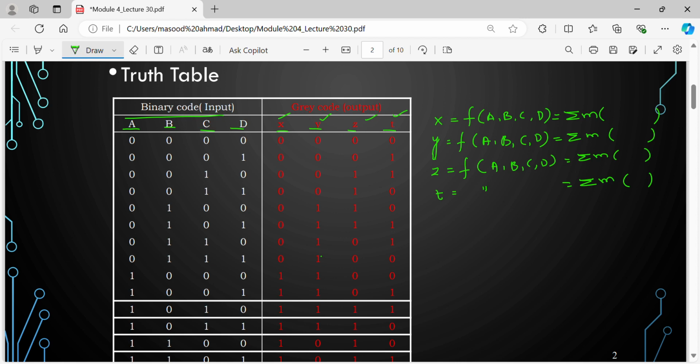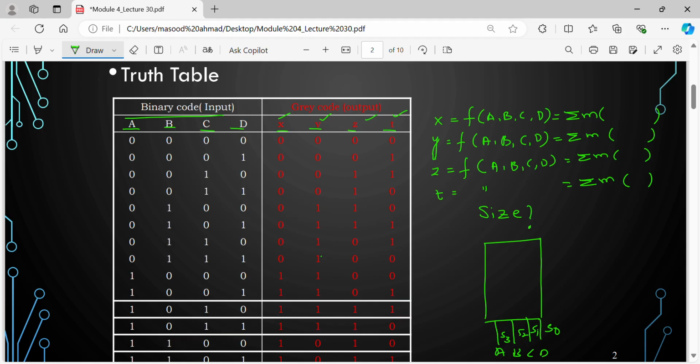Now we are going to look at the size of the multiplexer that we require. Because the number of inputs is 4, I take a MUX and I'll take 4 selection lines to which I'll connect the inputs. So this is MSB, so I connect A, B, C, D. This is S0, S1, S2, S3.